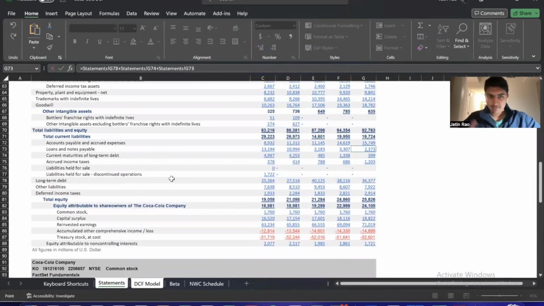Also, I will mention that right now we're in Q2, but Coca-Cola's 10Q for the first quarter of 2023 has not been released yet.